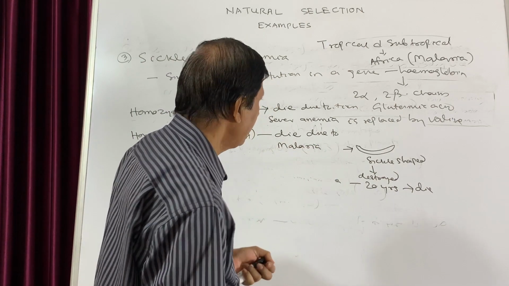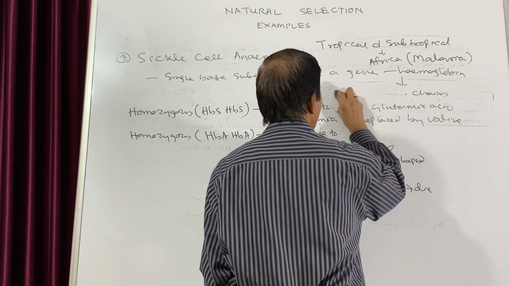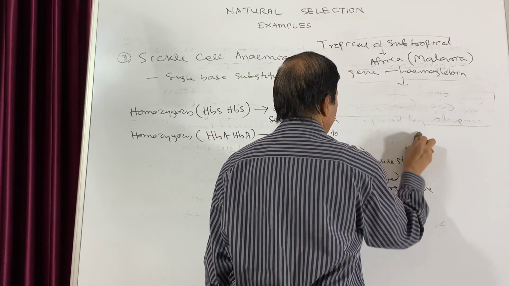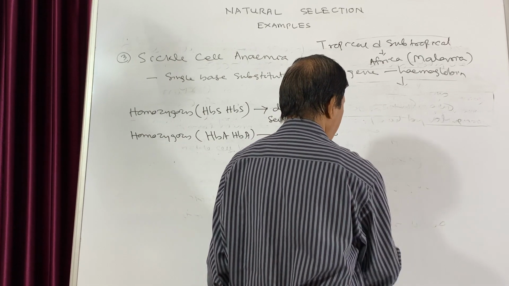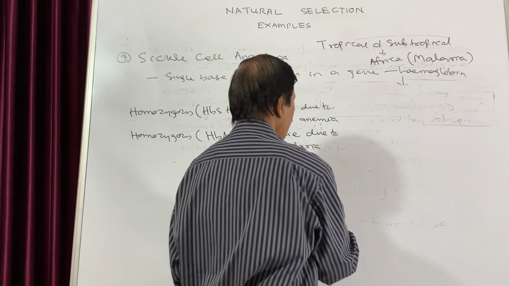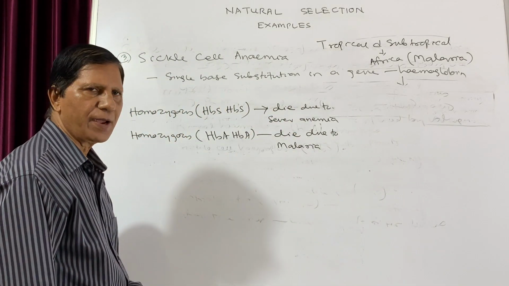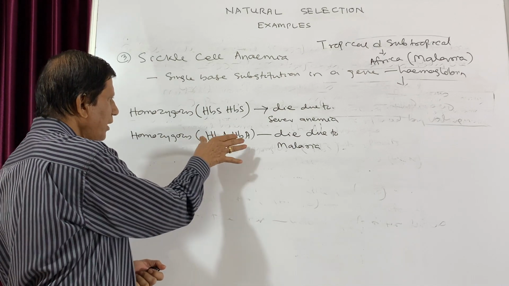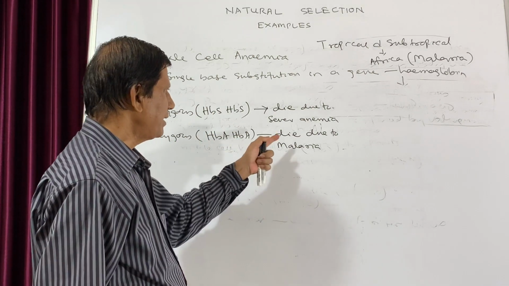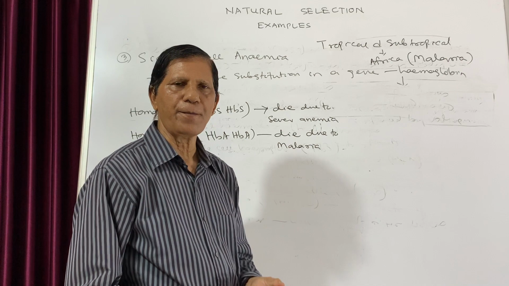Now see, both these homozygotes, their chance of survival is very rare, because those who are homozygous for the sickle cell will die due to severe anemia. Those who are homozygous for the normal hemoglobin, there is every chance that they will die due to malaria.